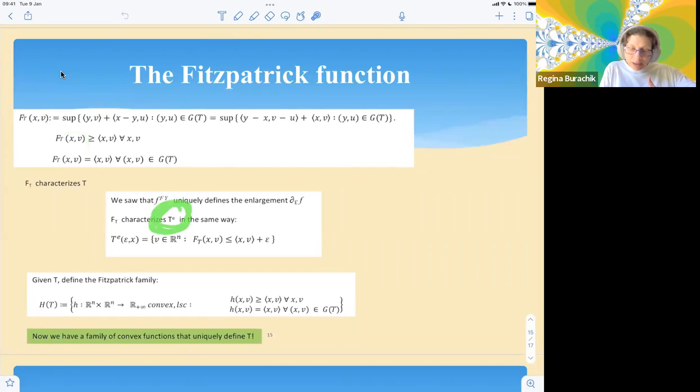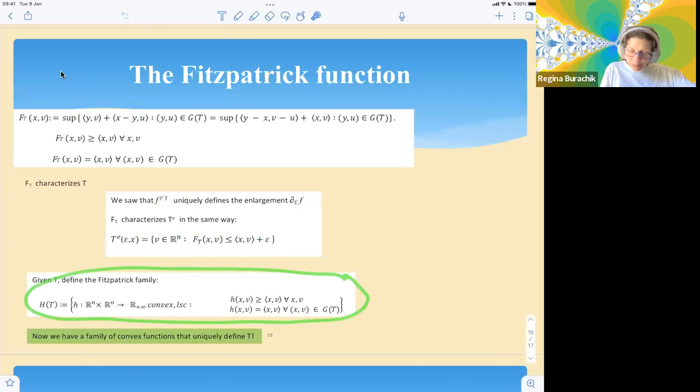In a parallel way as the Fenchel-Young function univocally defines the epsilon subdifferential by adding the epsilon, if we add the epsilon but use instead the Fitzpatrick function, what we obtain is the epsilon enlargement of T, right? And this is just a reminder of what the Fitzpatrick family is.